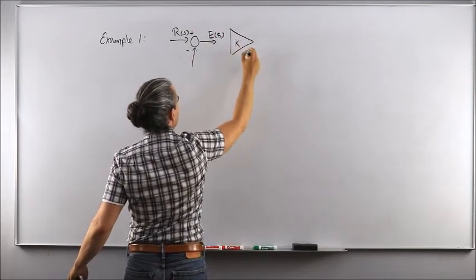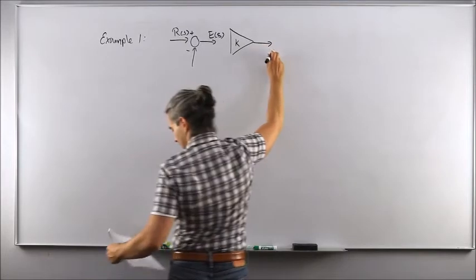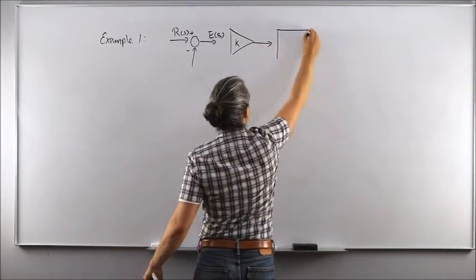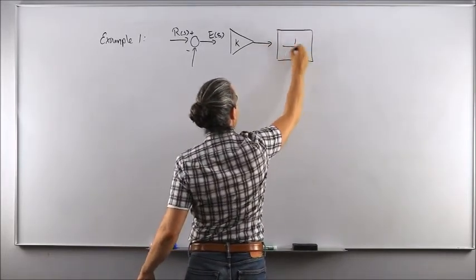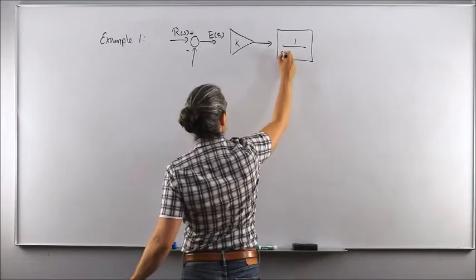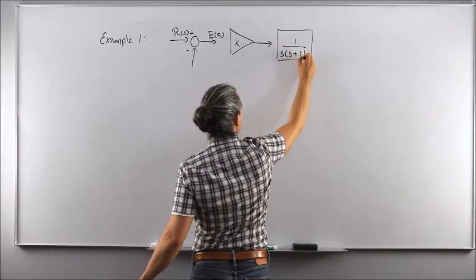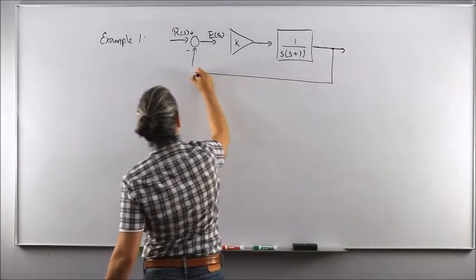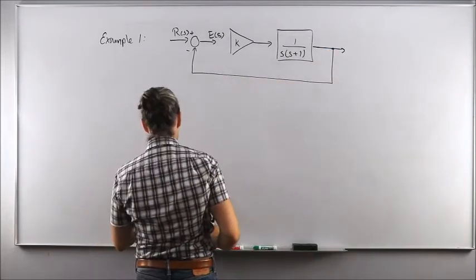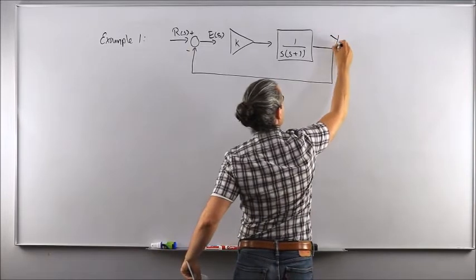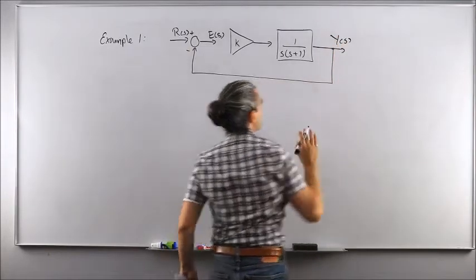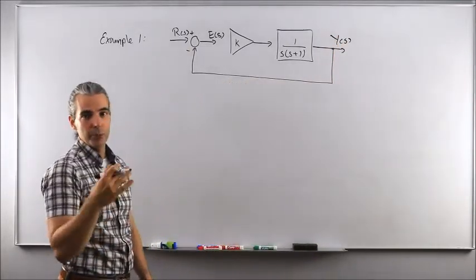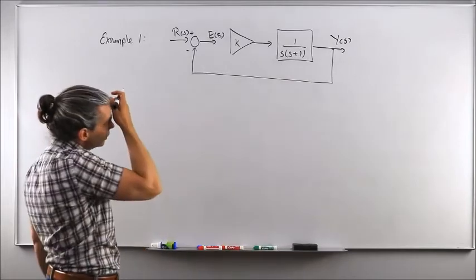E of S multiplies the static gain K, and this goes into another transfer function that will be 1 over S times S plus 1. This calculates the output, and the output is being fed back here. So based on that, it's up to you to draw the root locus.